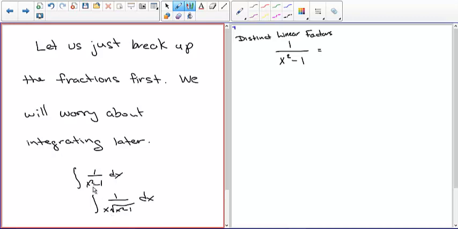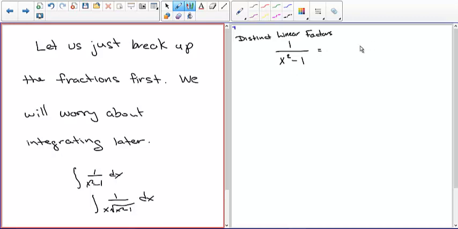This one doesn't have an x. If I let this be u, du would be 2x dx, but I don't have 2x in there, so I can't use any of the techniques that I learned in chapter 5, but I could use trig substitution. But it turns out I can also use partial fractions.